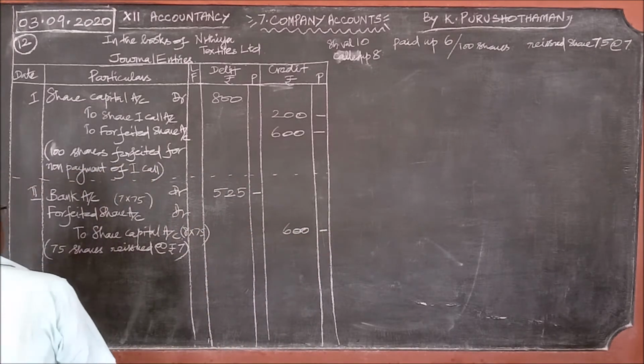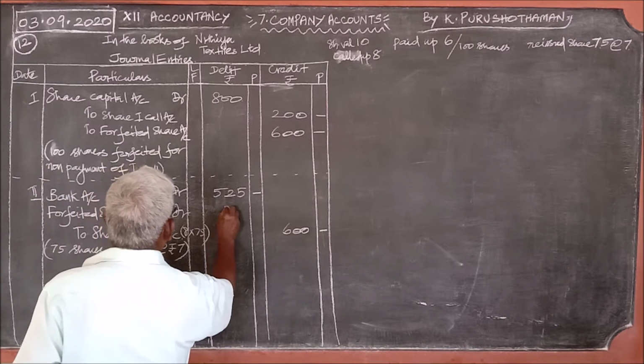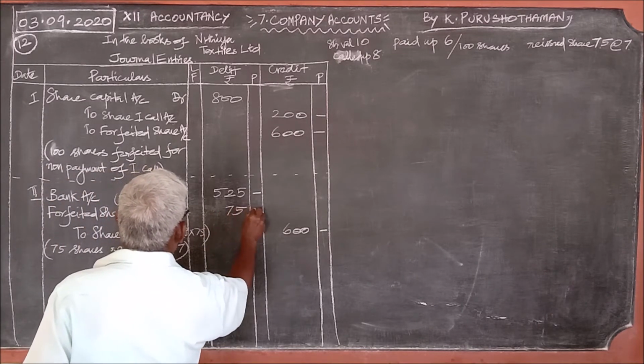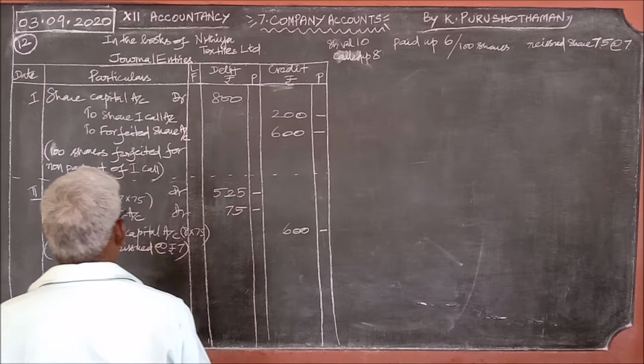Therefore, the forfeited share account will be 75.